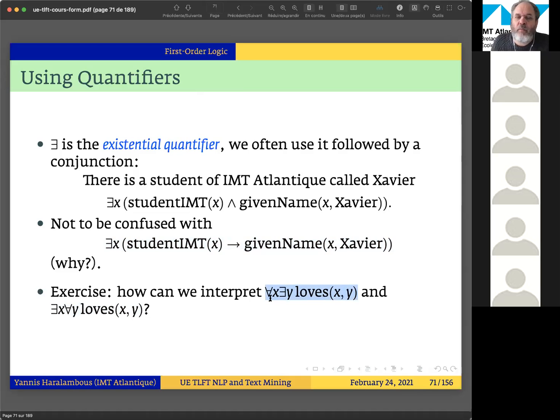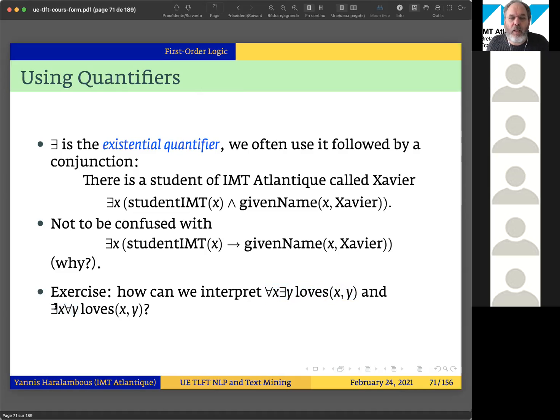This one means for every X, there is a Y, and since I have mentioned X first, this Y depends on X. There is a Y such that X loves Y. So everybody, there is somebody, for every X, there is a Y that is loved by X. And this one says there is an X that is loved by all Ys.